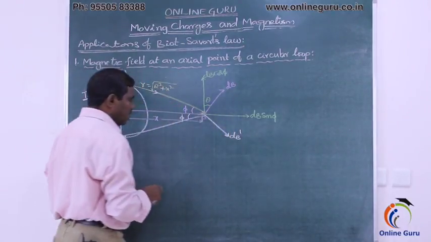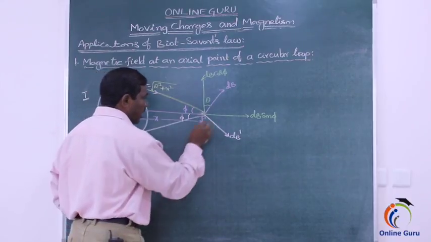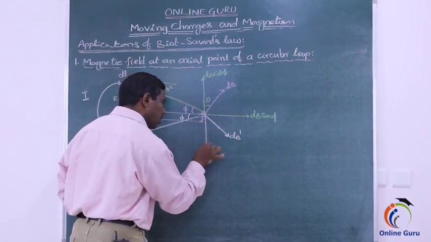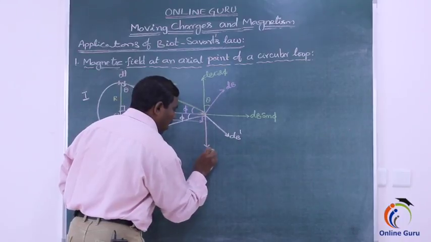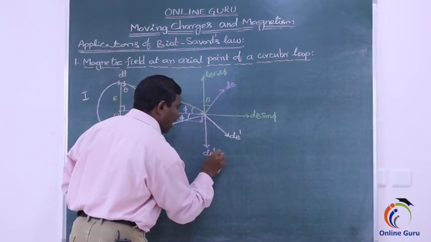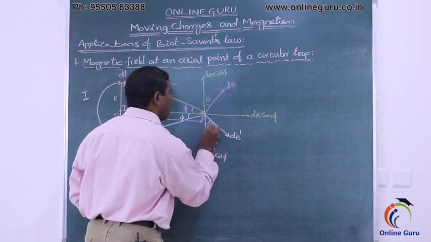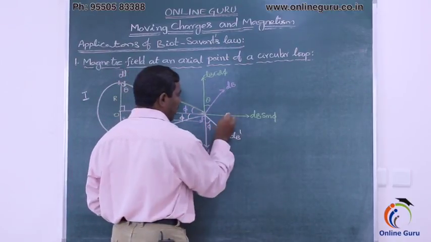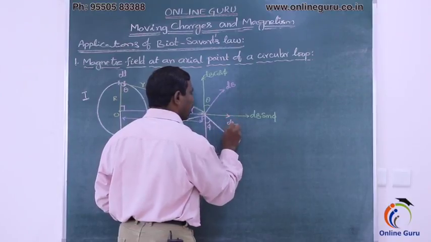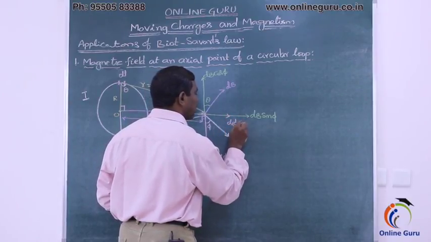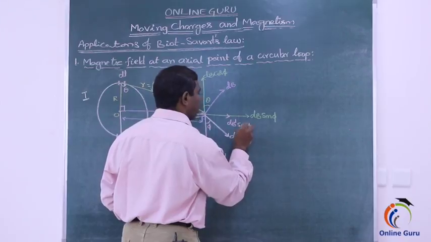This dB dash is resolved into two components. The horizontal component is dB dash cos phi, making an angle of phi, and the vertical component is dB dash sin phi.